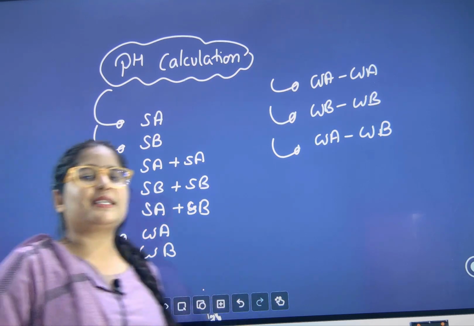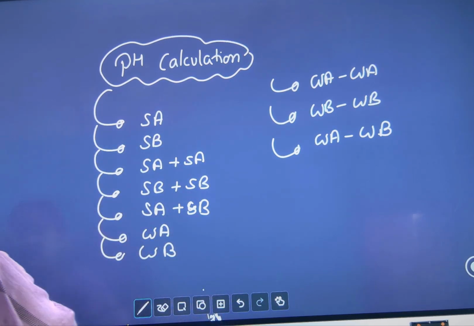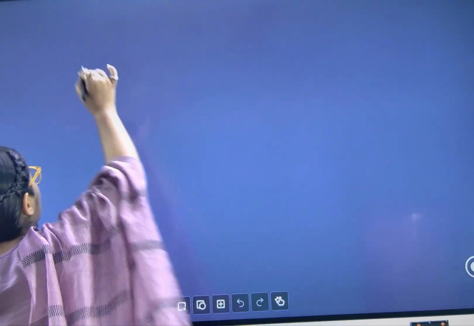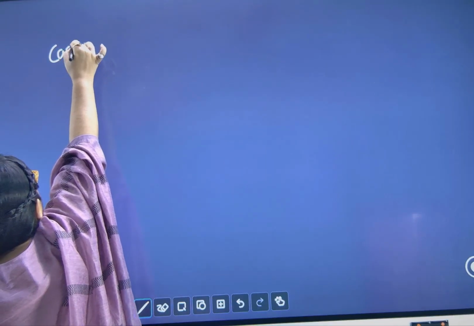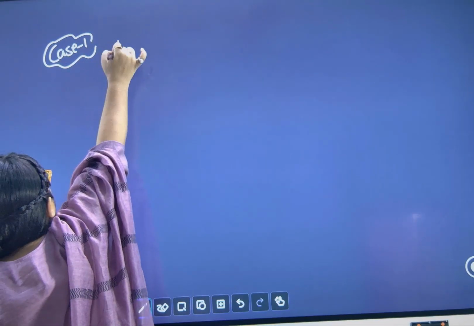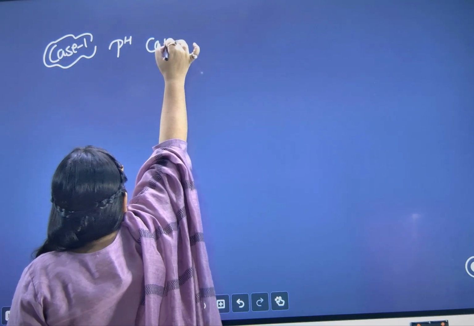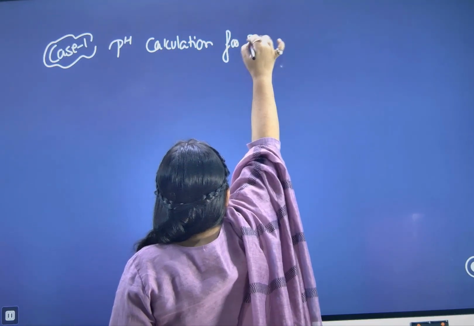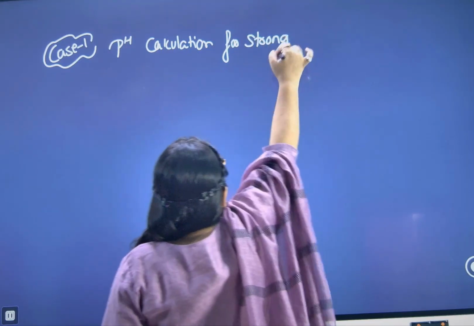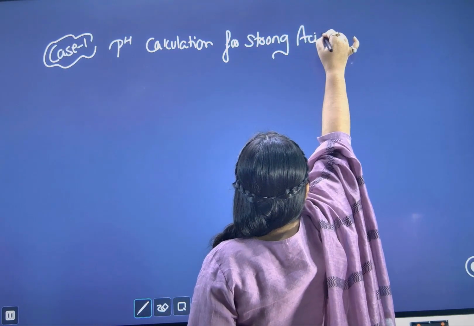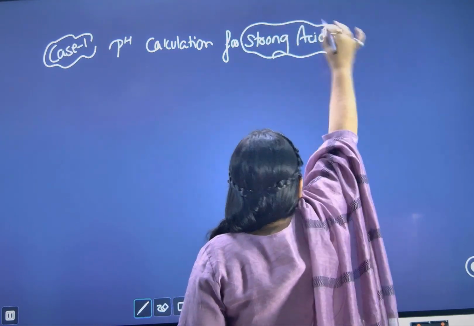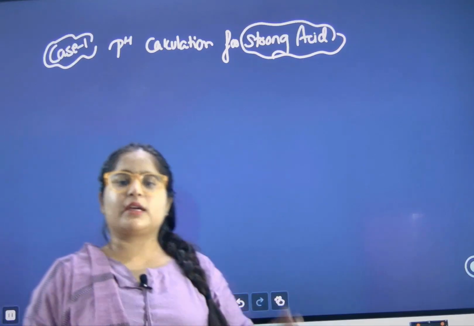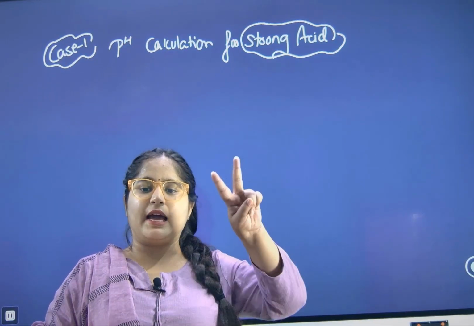Okay, let's get started. So note down the first heading, the first topic, pH calculation. Write down case 1: pH calculation for strong acid. Whenever I am talking about strong acid, we will have two cases.